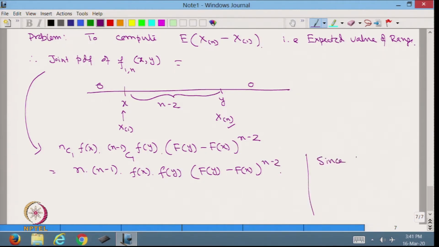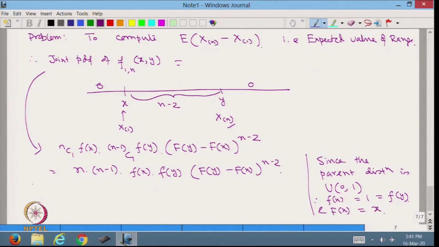Since the parent distribution is uniform 0 1, therefore f(x) is equal to 1, which is equal to f(y), and F(x) is equal to x.